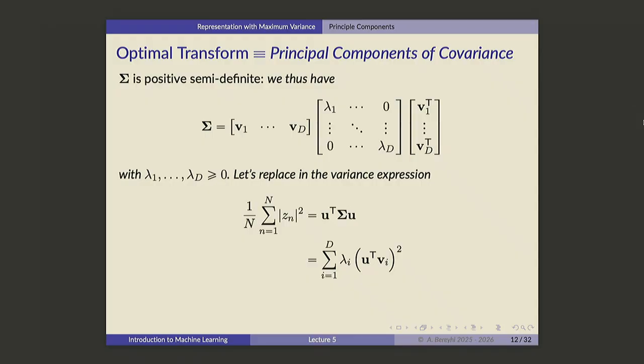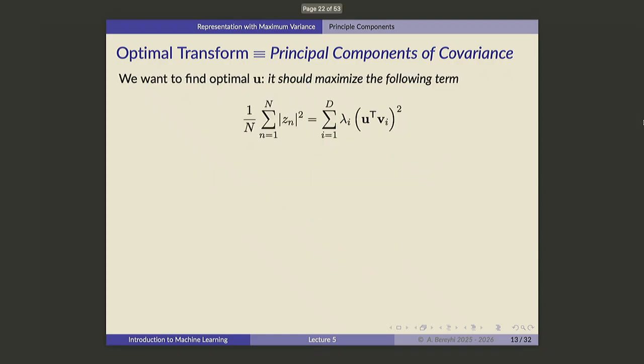Because if I just deviate from that one, this term is going to be smaller than 1. And my energy is going to be represented by the other bases, right? And all of them have smaller eigenvalues, right? So the output of this summation is going to be smaller, right?